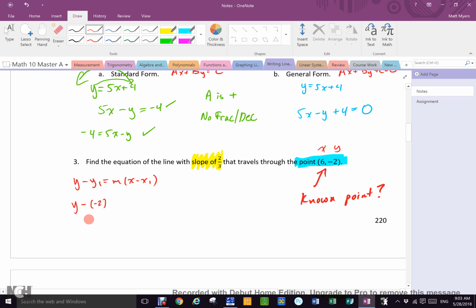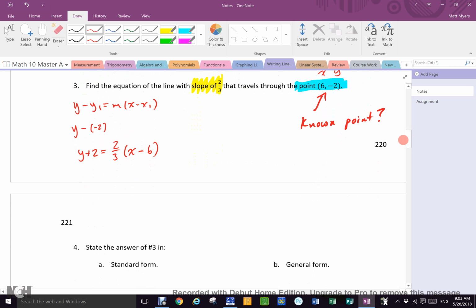How would we write it? Positive 2. Y plus 2 equals m, m is 2 over 3, 2/3, x minus what? 6. There is my equation. I will rewrite it right here at the top of page 221 while you all make this happen.